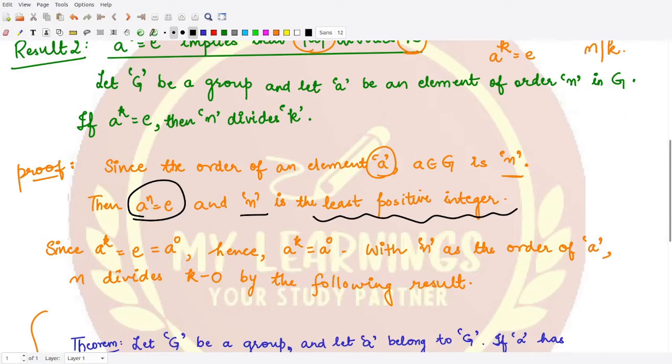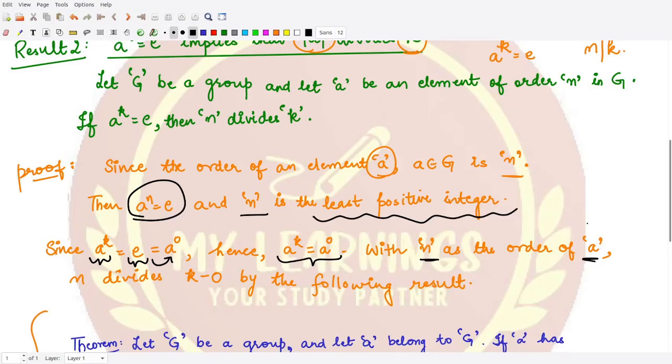Now in the statement they are also giving us a to the power k is equal to e, and you may write e as a to the power 0. So that means you have a to the power k equal to a to the power 0, and you know n is the order of a.